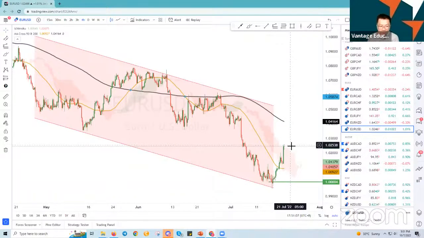At this point right now, we're looking to see whether the euro dollar on the H4 time frame can break higher. Can it go towards that 1.04 level, towards the top of the channel before turning back down?